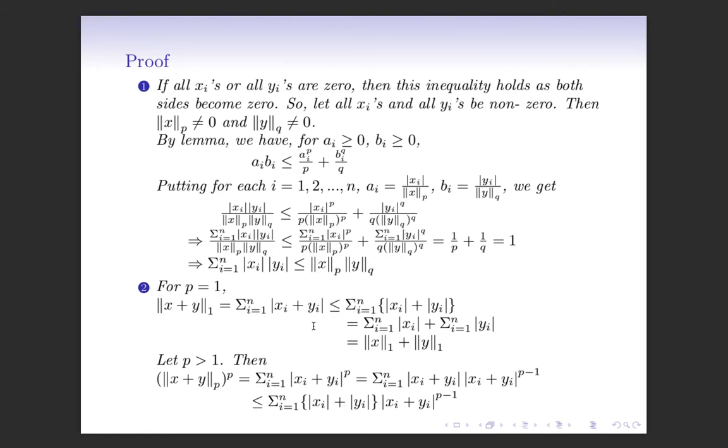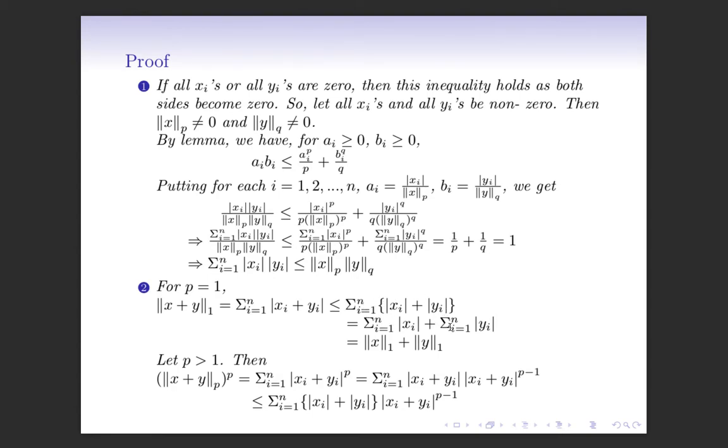But we know that mod of xi plus yi is less than or equal to mod of xi plus mod of yi, and since each term in the summation is less than or equal to these terms, we can replace it by writing less than or equal to. So we have less than or equal to summation mod xi plus mod yi, i varies from 1 to n.